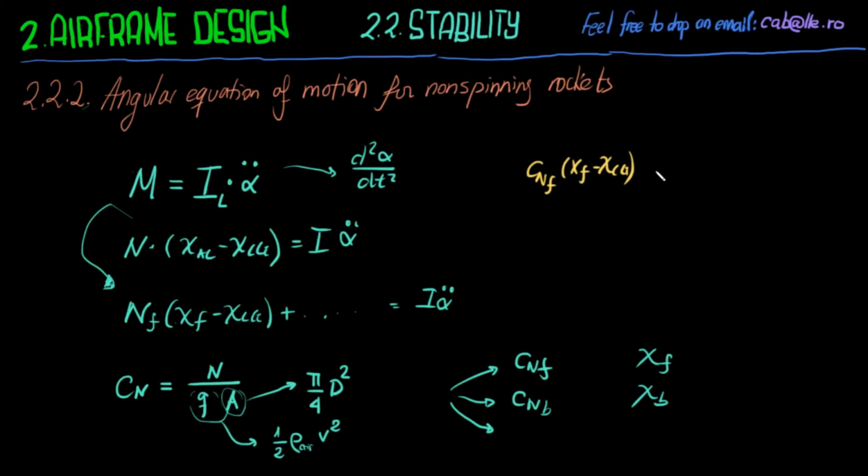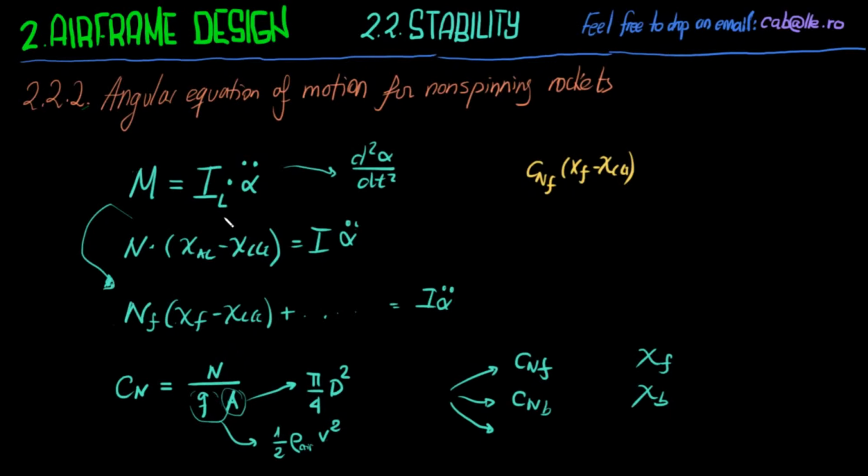Up to now, I haven't done any simplification. Well, only the fact that the rocket is not spinning, which is already a simplification, because this is a simplified equation of motion. When the rocket spins slightly, this is not valid. And rockets do spin, even though we don't give an angle to the fins.